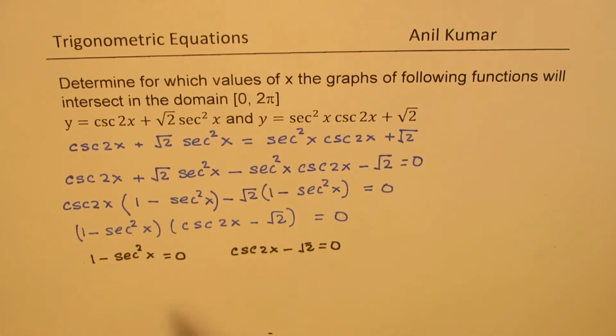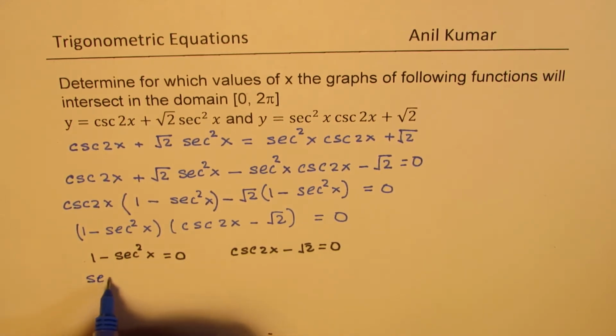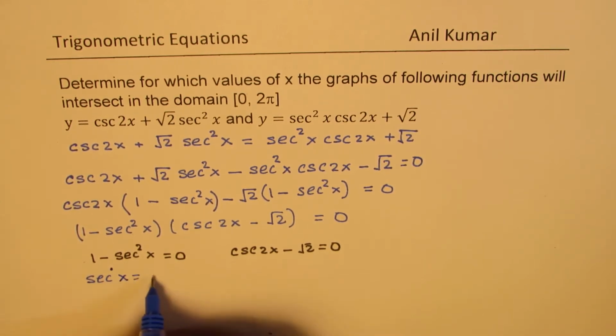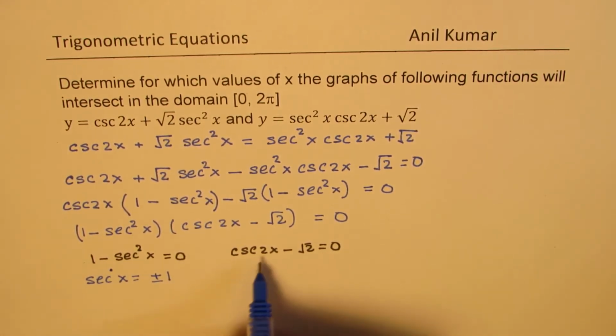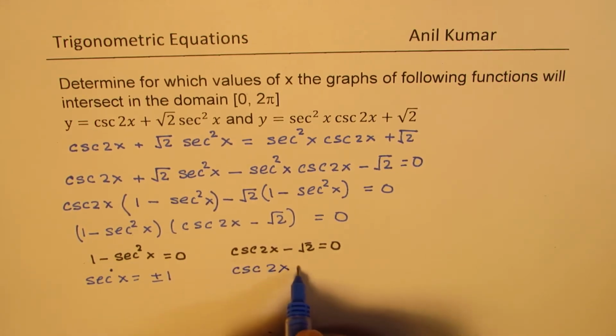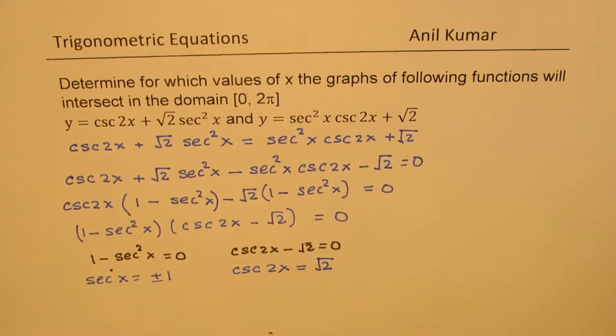So this equation gives us secant x equals plus minus 1. For both plus and minus 1, 1 minus 1 is going to be 0. And here we get cosecant 2x is equal to plus square root of 2.